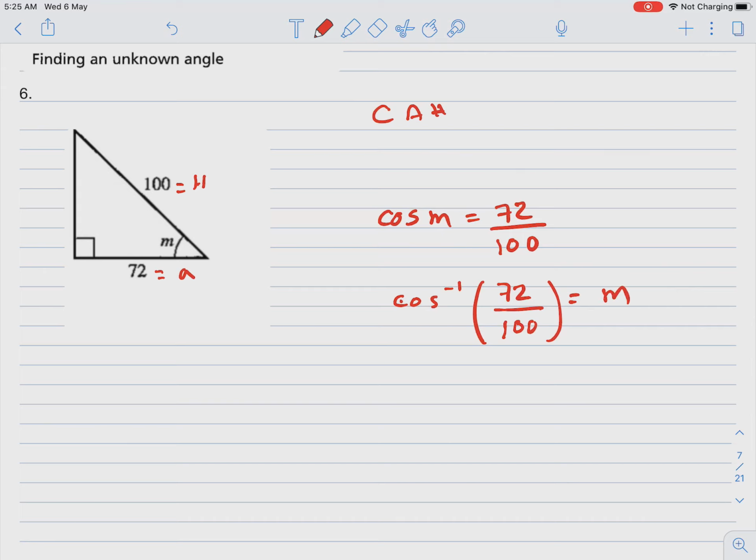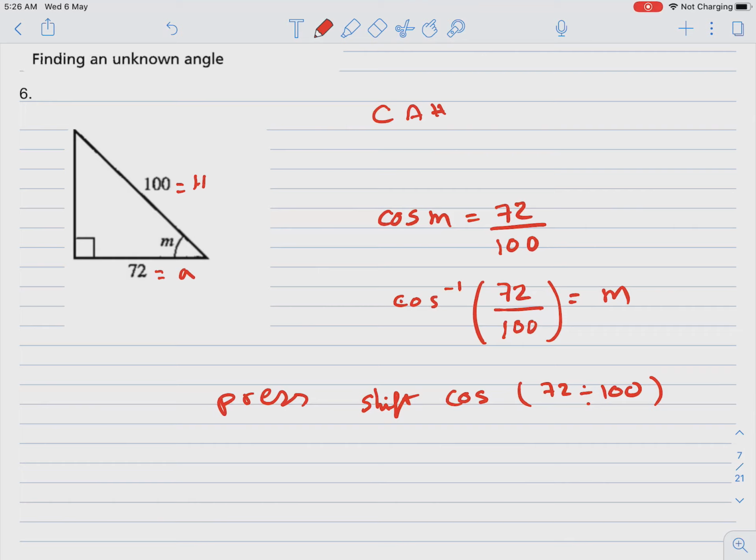Now, how can I do the cosine inverse using the calculator? You press Shift, cosine, and then plug in 72 divided by 100 and then close the brackets.